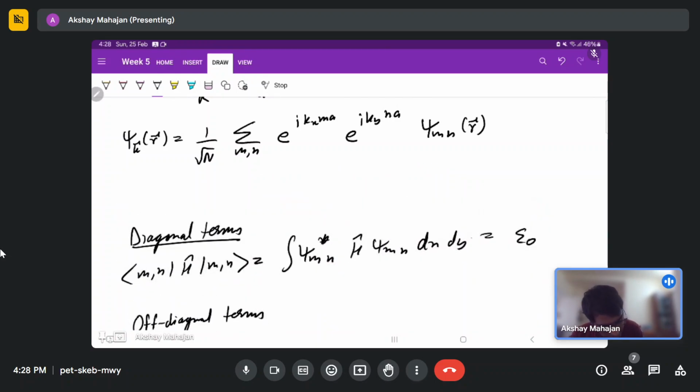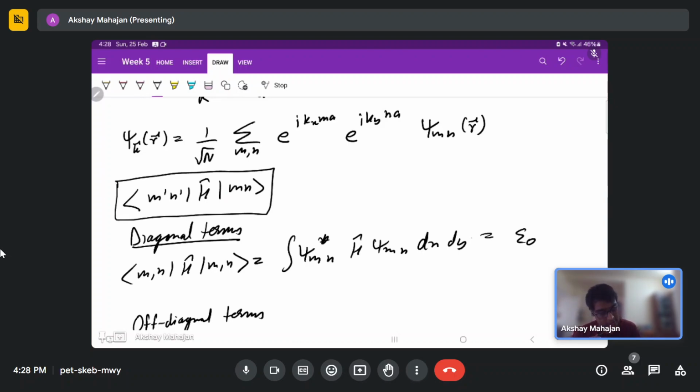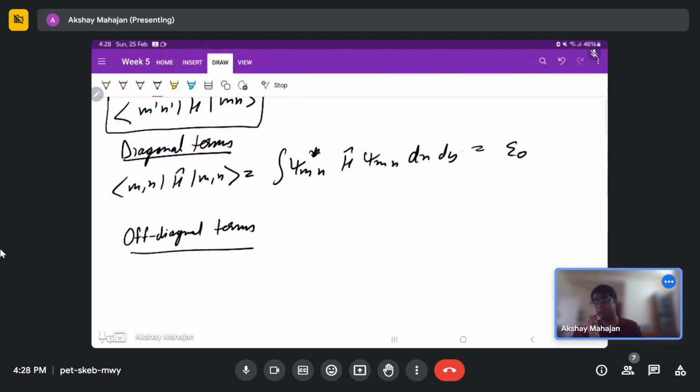So basically we will have this kind of terms. Correspondingly we will do the diagonal terms, which will be basically where m prime and n prime equal mn.